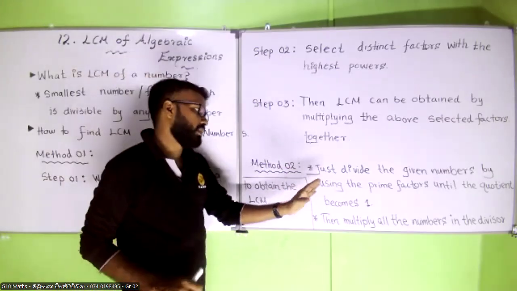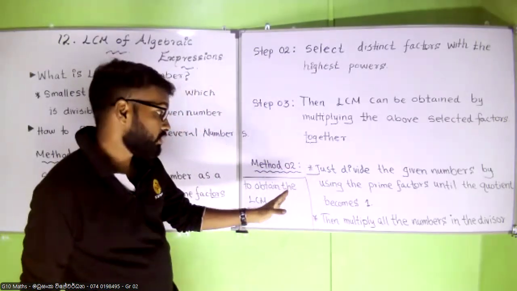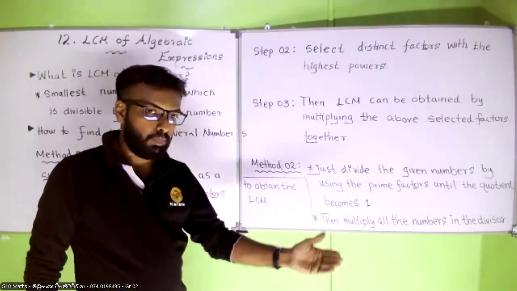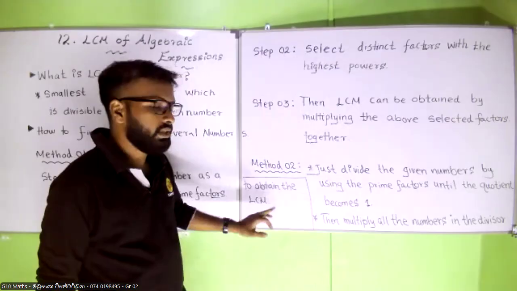Just divide the given numbers by using the prime factors until the quotient becomes 1, right? Then multiply all the numbers in the divisor part to obtain the LCM.